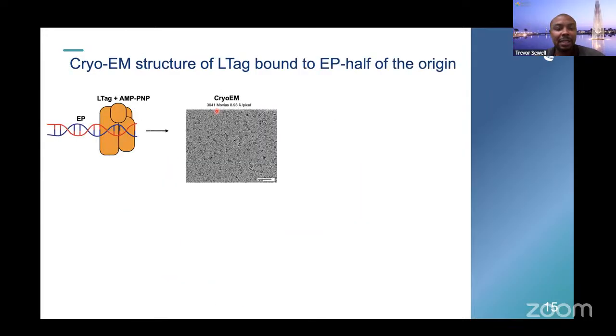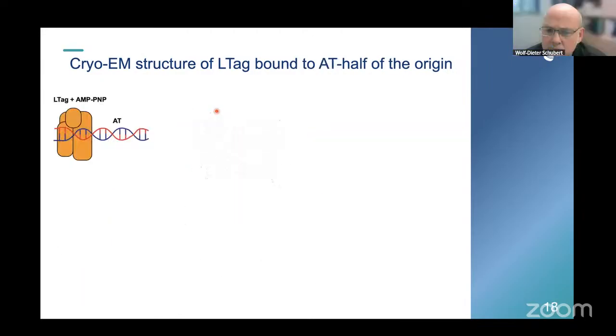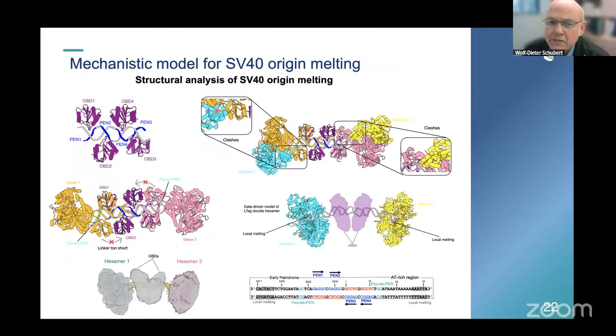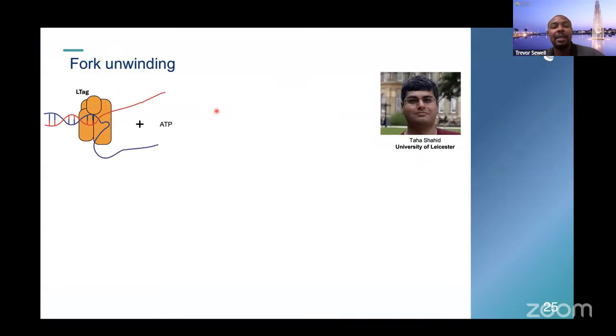But for the different states here, I think you are talking about Taha's structure. What was the difference between yours and his? Yes, in his case, the DNA sequence is different. He uses a forked DNA, a DNA that is already opened by design.